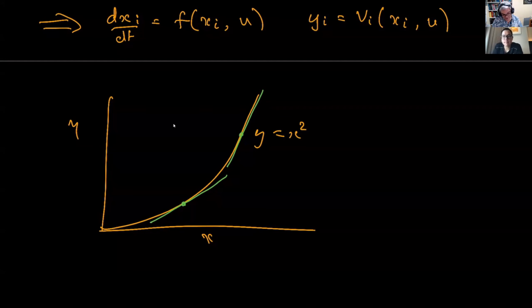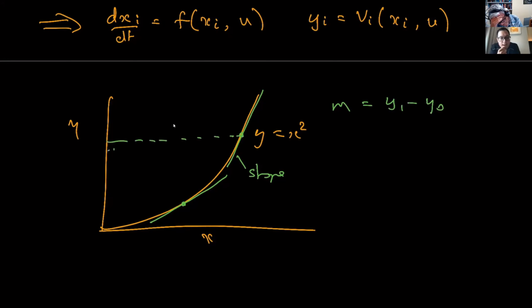And then linearization basically comes from this. What's the slope of this line? The slope is called m. The slope of this line is y1 minus y0. I'm going to call this y0 and drop this one down to x0.